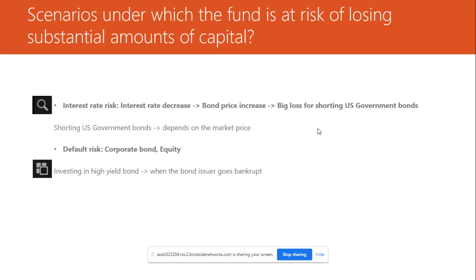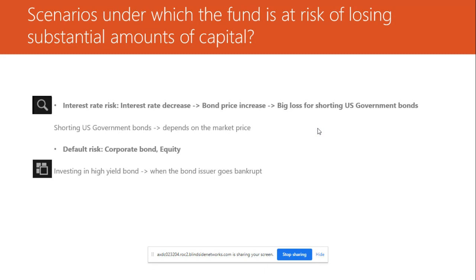So it means that there will be a big loss in the scenario of shorting US government bonds, because when the fund is in a shorting position, it will get a gain only when the underlying asset price is decreasing.